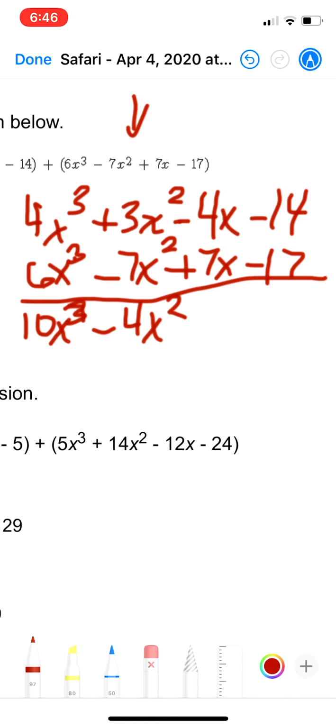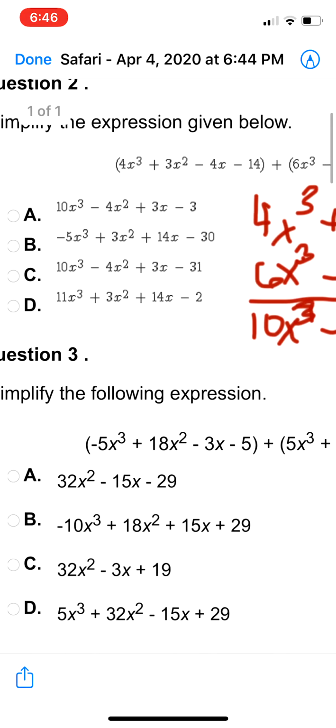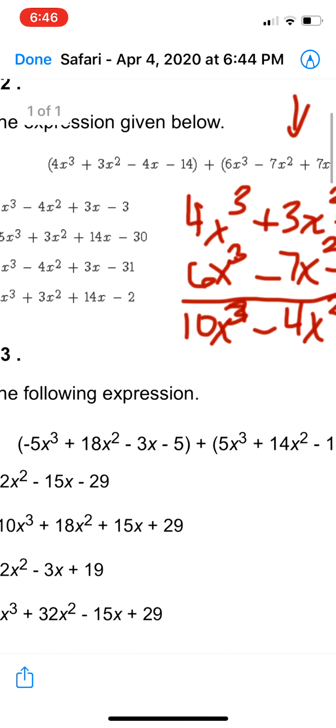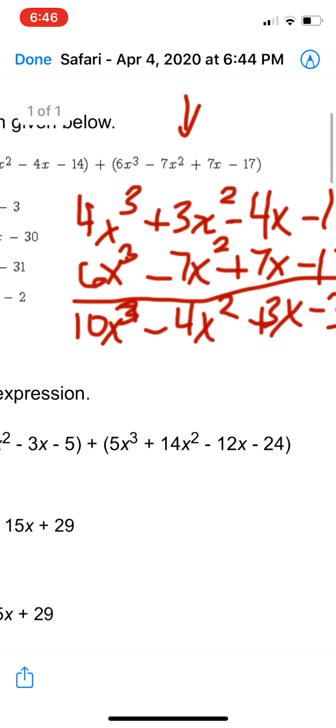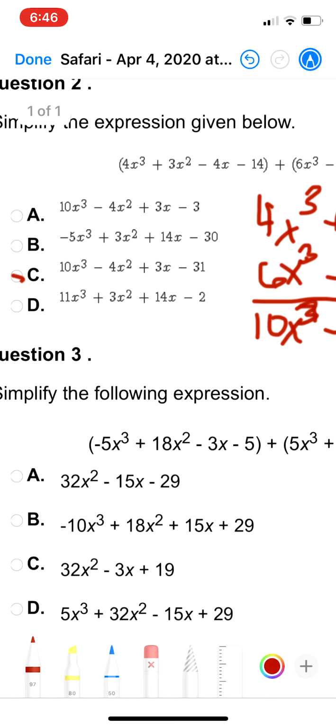Negative 4 plus 7 is 3. And negative 14 minus 17 is negative 31. And so that matches our answer. Okay, so that matches C.